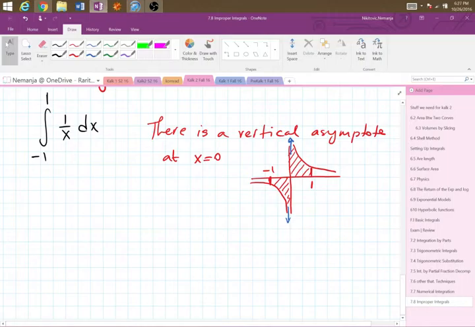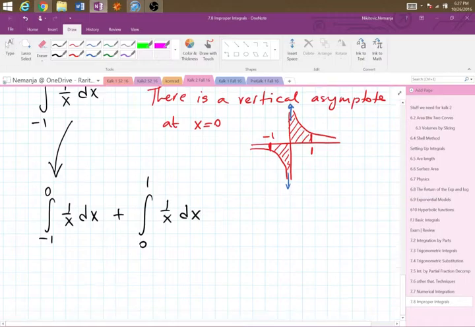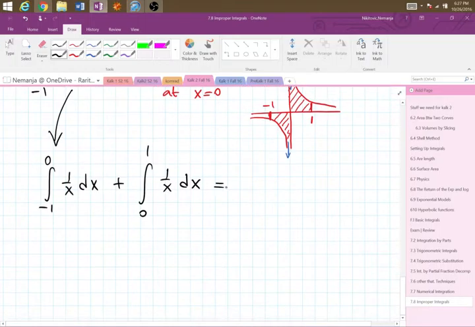Well, to solve this problem properly, we have to break it apart into two problems. So clearly there is an asymptote at 0. And then replace each one of those with the limit problem.